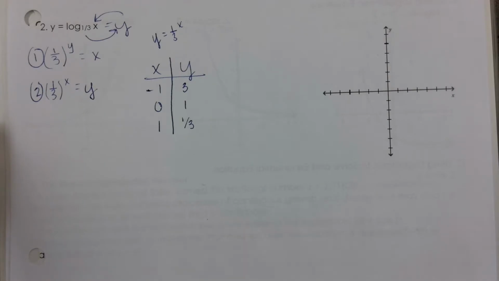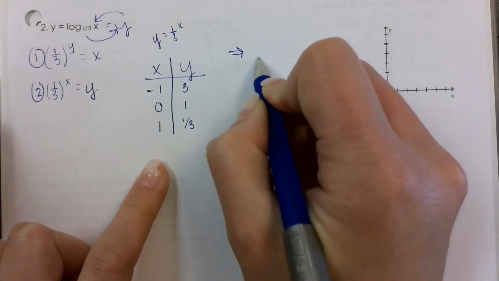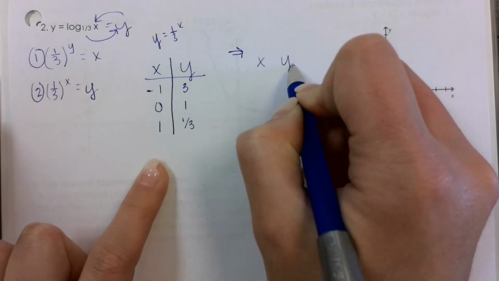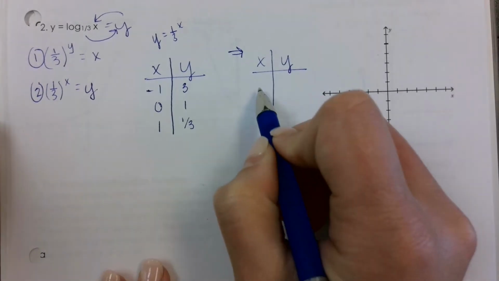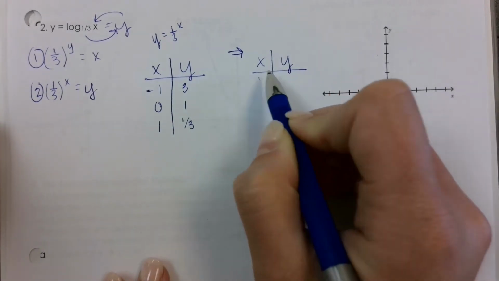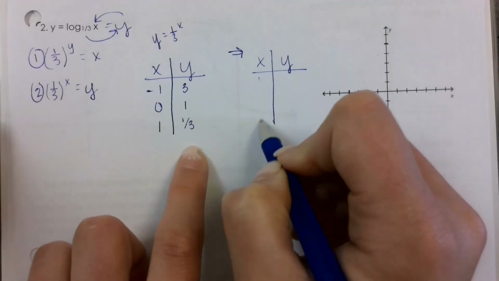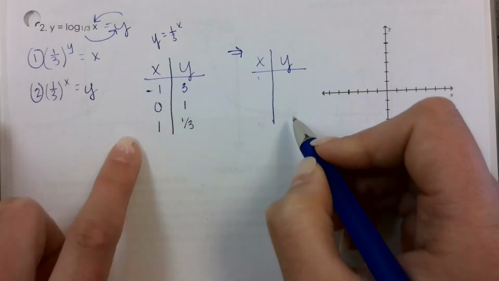When you plug in 1, what do you get? 1/3. When you plug in -1, what does that negative do? Flips it, so we just get 3. Okay? Questions? Alright, so that's y equals 1/3 to the x.